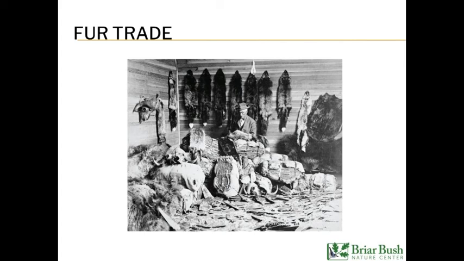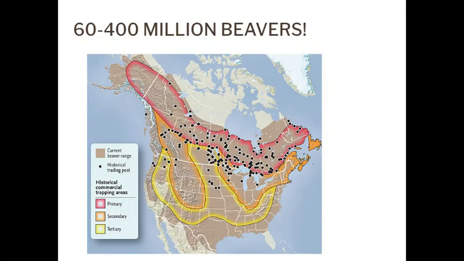But it was after the 1930s that people started to realize how important they were to creating a healthy ecosystem, and beavers in the lower 48 were protected in most cases. When Europeans first arrived, there were anywhere from 60 to 400 million beavers. There are some low counters and high counters in the scientific circles, but at least 60 million beavers.